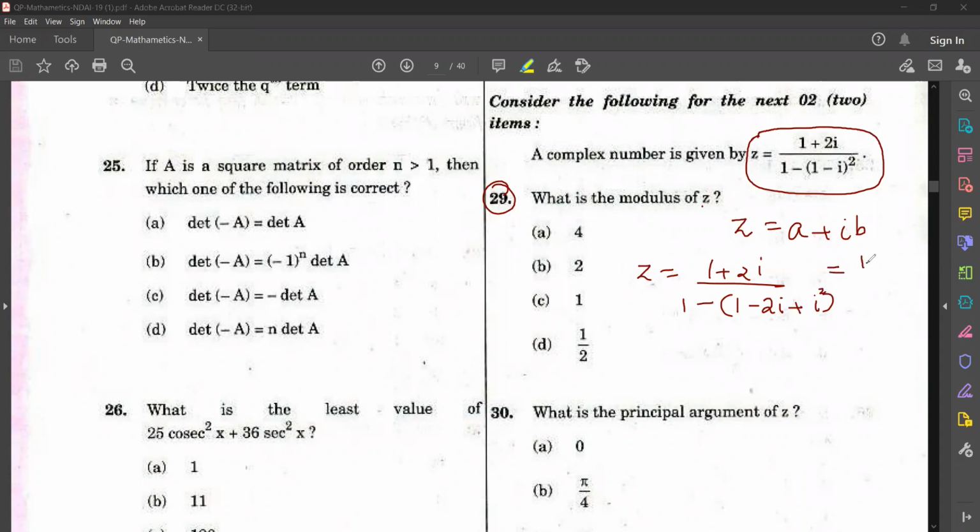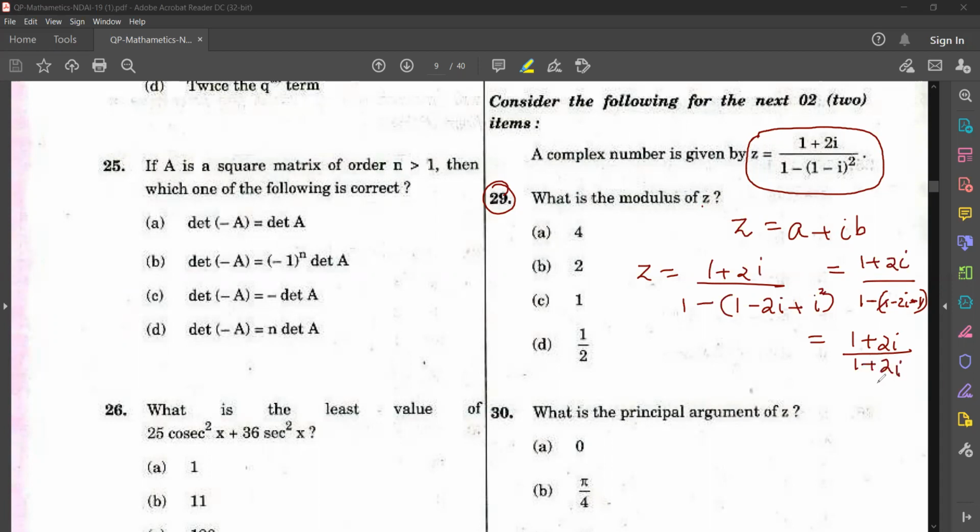So I'll get 1 plus 2i divided by 1 minus 2i plus i square. So plus i square means i square is minus 1. So 1 minus 1 will go, and it will become 1 plus 2i by 1 plus 2i.